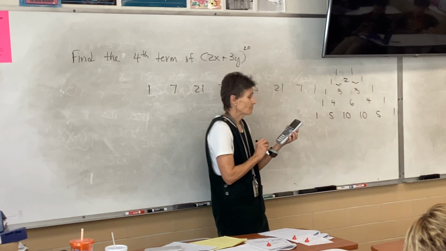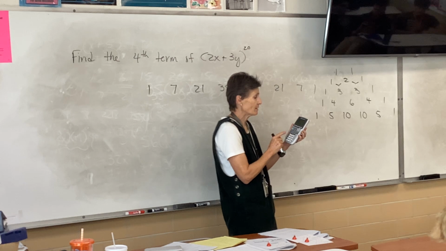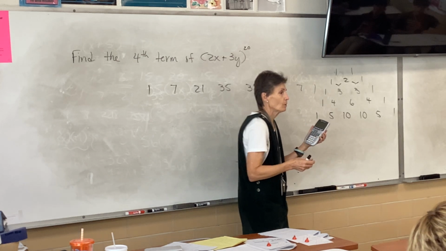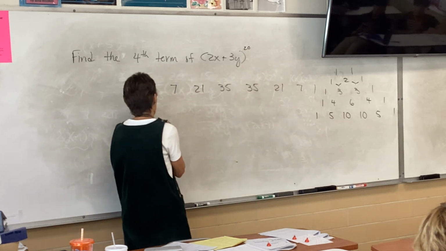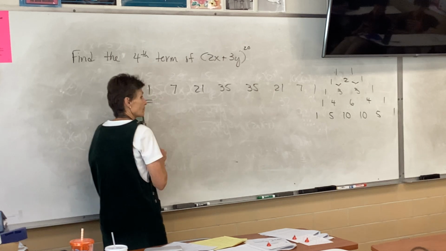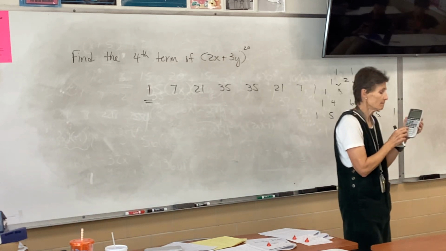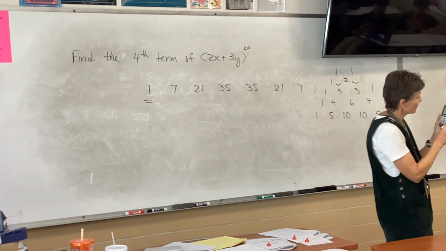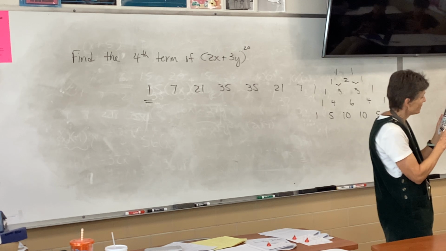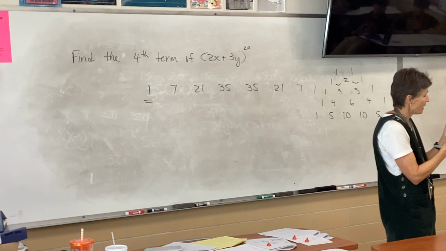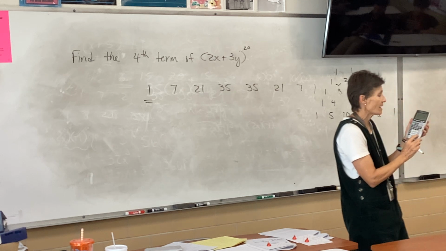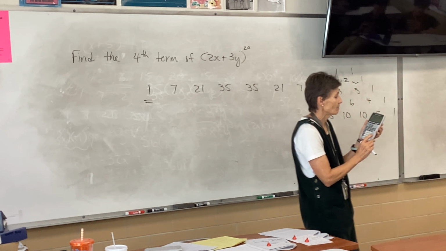Press that, and then put another 7 and hit enter. What did it say? 1. Okay? Now, I want you to do the same thing. Do 7, math, go across to PROB, down to nCr, and this time do 6. 7 nCr 6. What does it say?